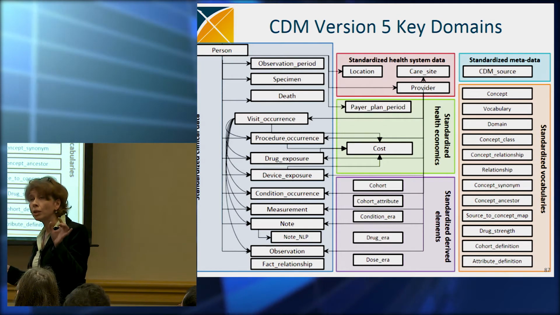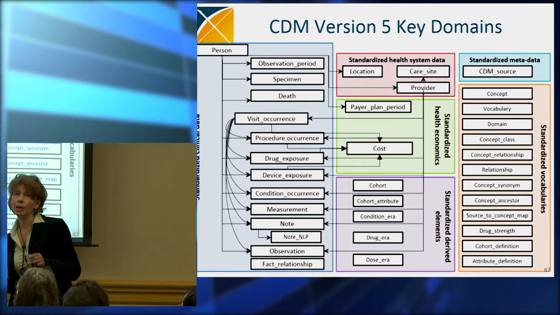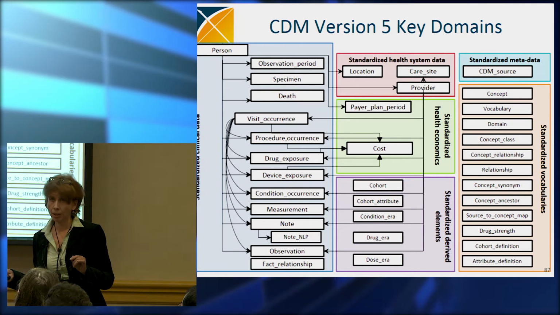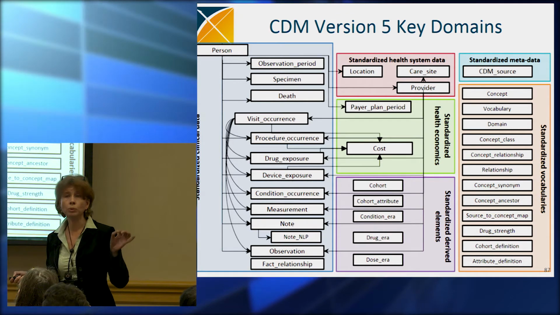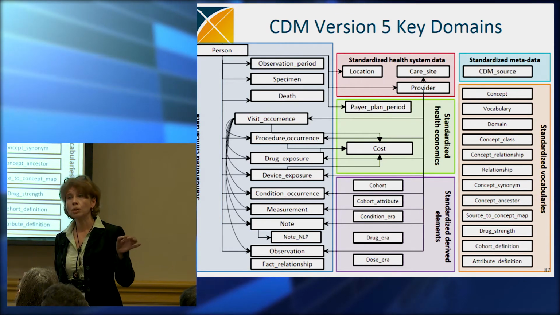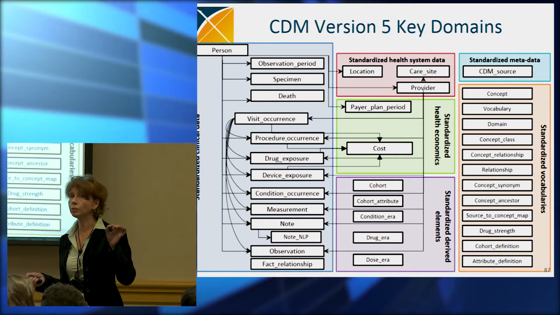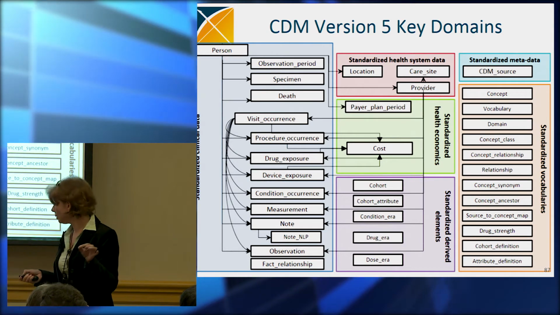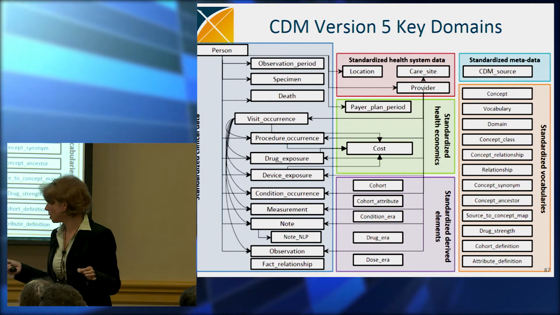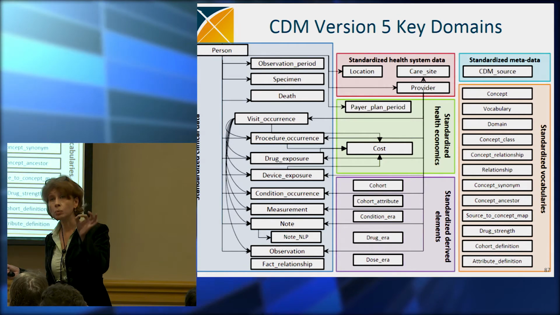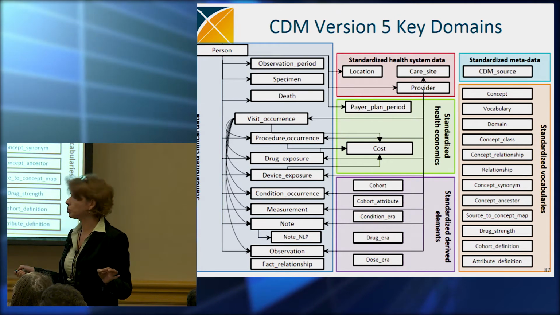So each of the concepts that you saw in the terminology has a domain ID attached to it. This foundational principle will help you drive your ETL. So when you find a standard concept in the vocabulary with a domain observation, your ETL will know that this piece of patient data will have to end up in the observation table.